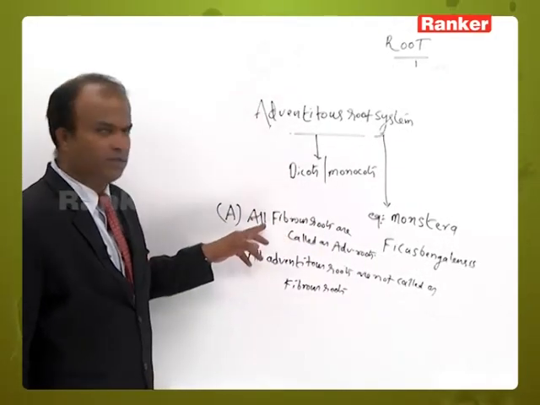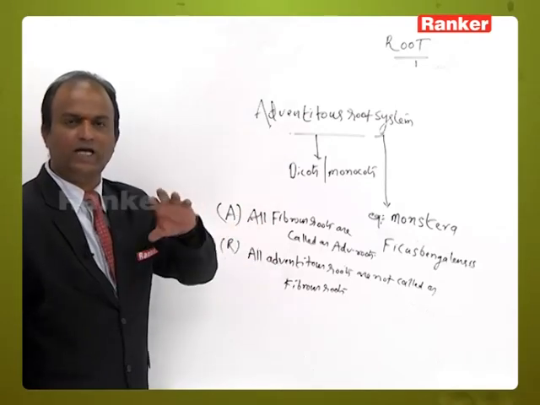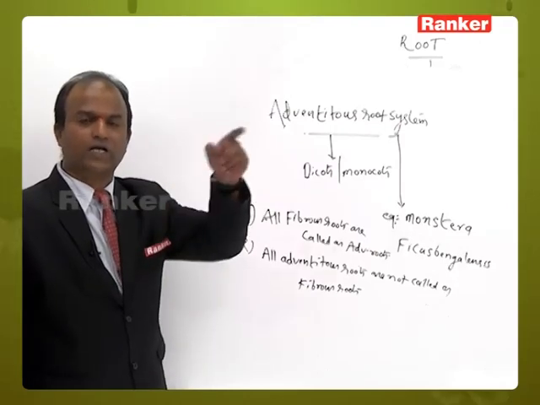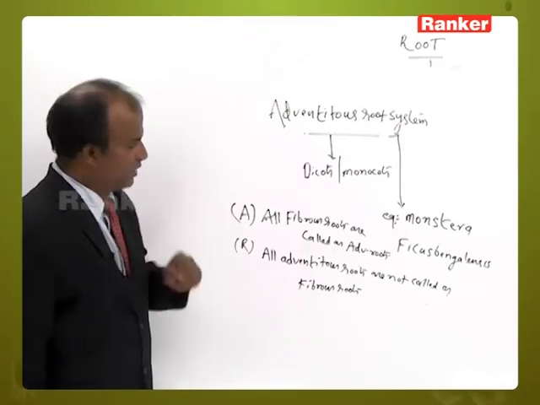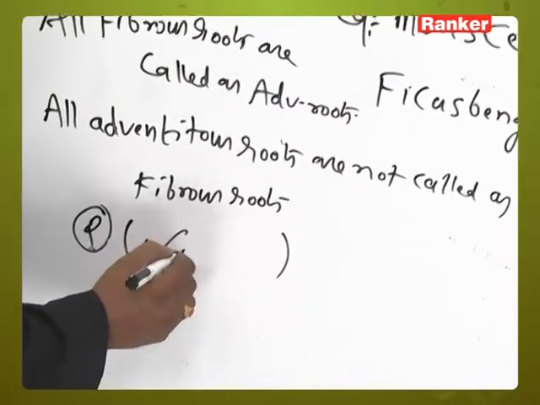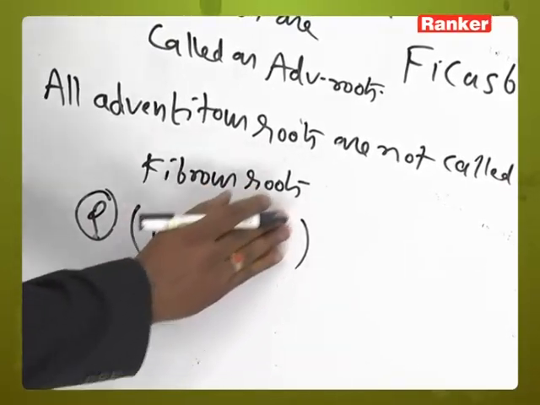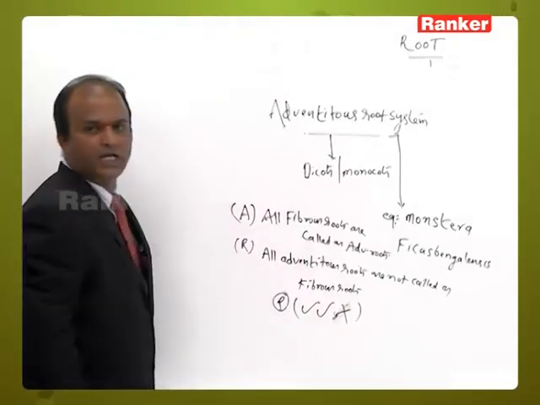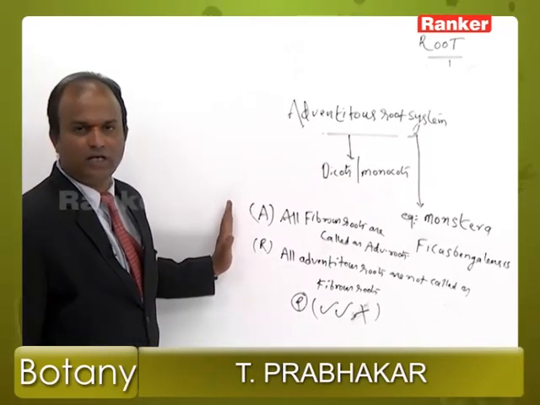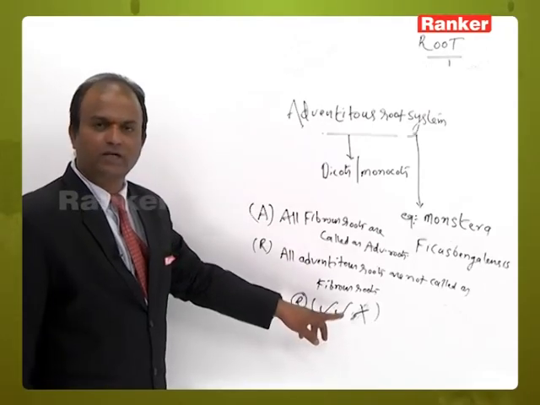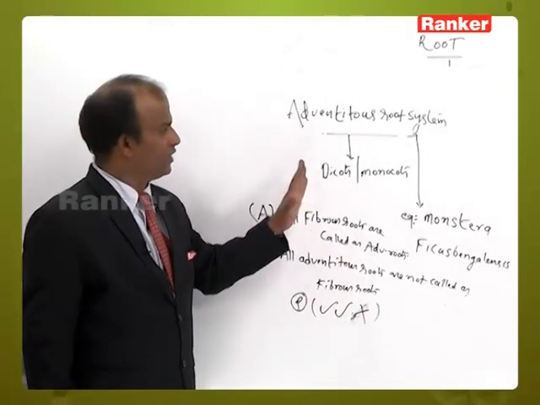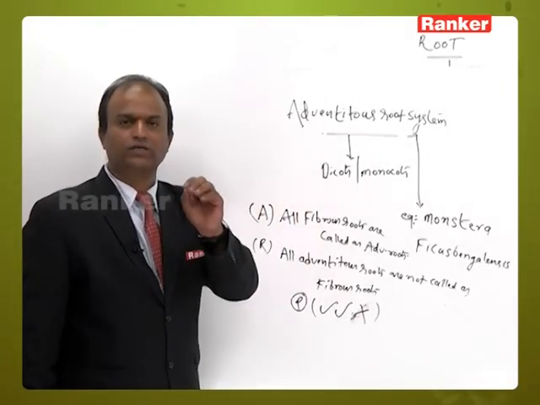The first option is A and R are correct, R is the correct explanation for A, or the second option, A and R are correct, R is not the correct explanation for A. What is the answer? A is right, R is right, but R is not the correct explanation for A. This completes the adventitious root system.